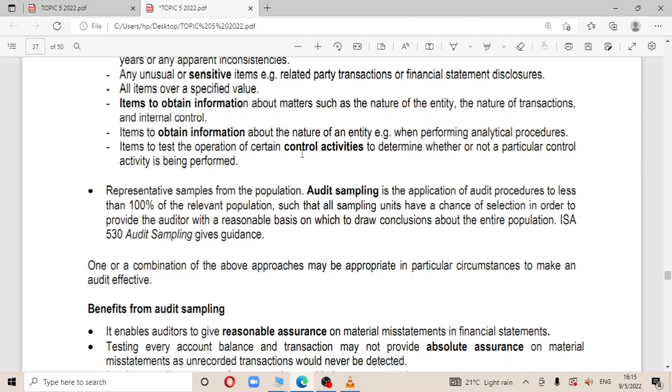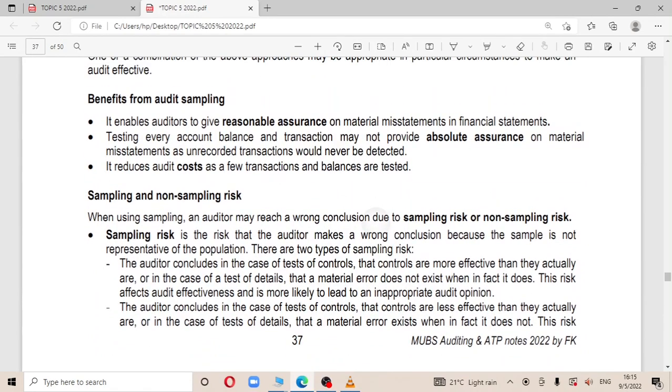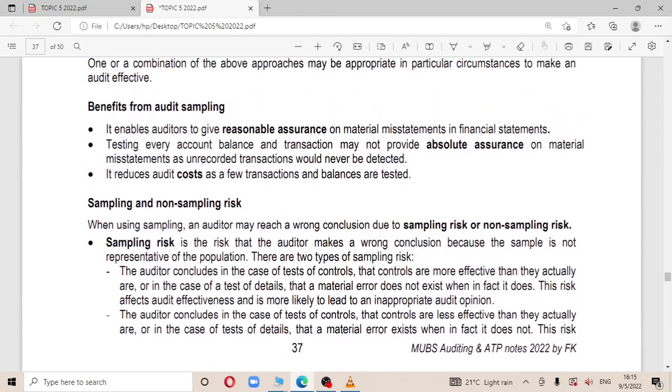Then benefits of audit sampling. What do we benefit from auditing samples? Auditing a few out of the total population enables auditors to give reasonable assurance. Because if you audit everything, you may never finish and you may never get a clear picture. But when you focus on like 70% of the entire population, you have enough time to dig deep into those transactions, and you may find an error in one transaction, same in another transaction.